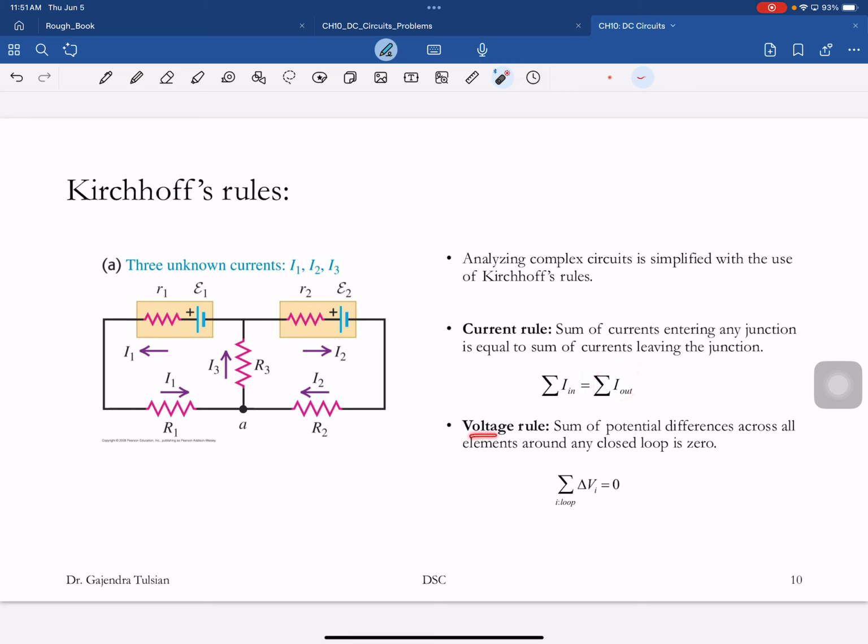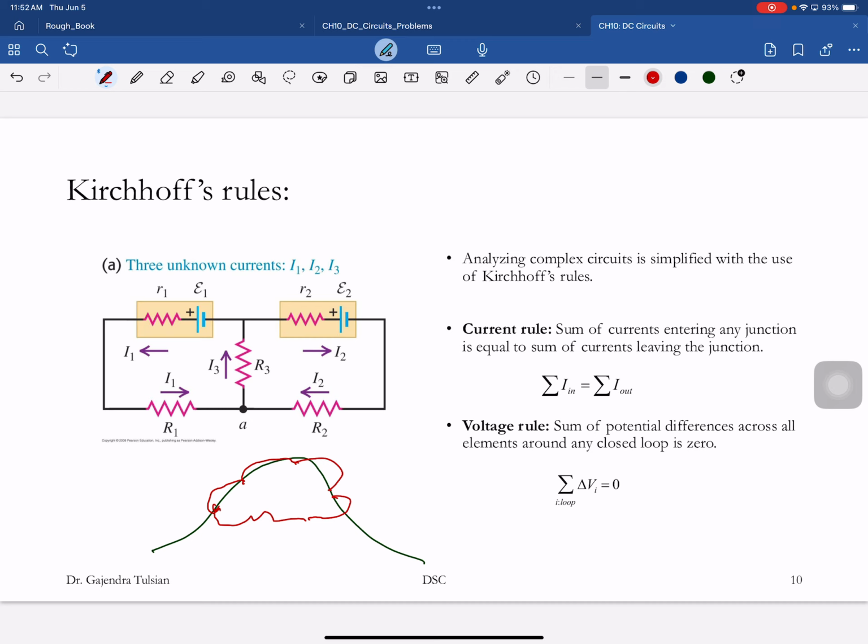And here's the second rule, the voltage rule. Before I tell you about this, let me do an analogy. Here's a mountain, and let's say you're going for a hike on the mountain. You do the hike in multiple steps, and you come back to your starting point.